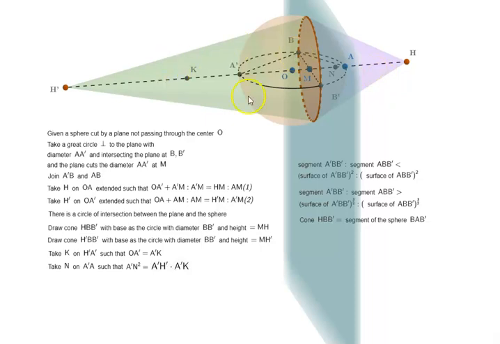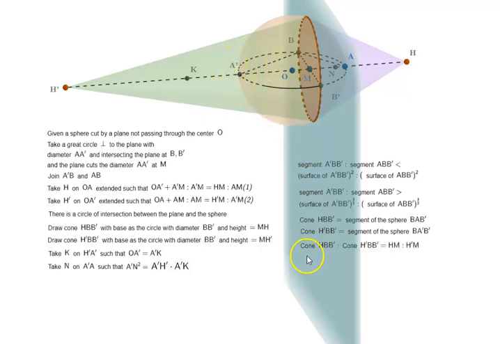Now that we have constructed these cones, we know that cone HBB' is equal to the segment of the sphere BAB'. Similarly, cone H'BB' is equal to the segment of the sphere BA'B'.